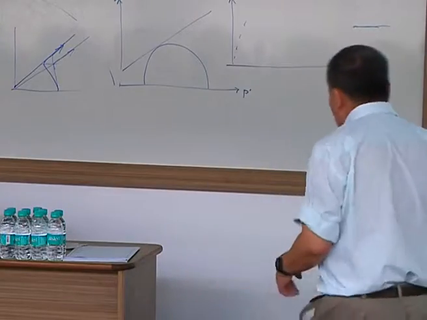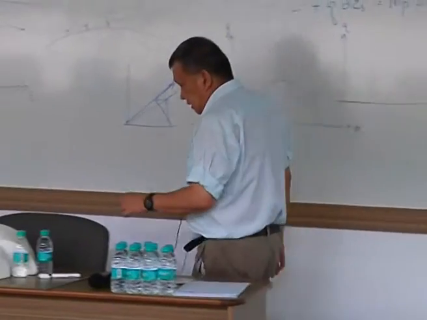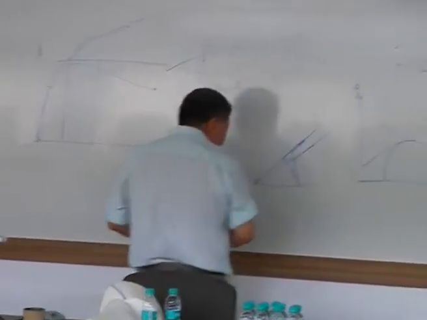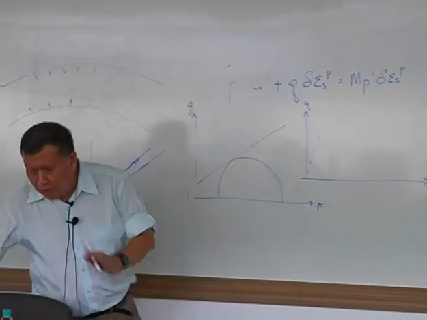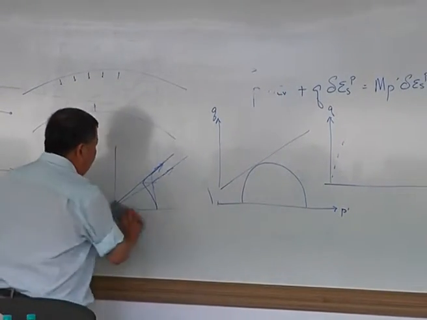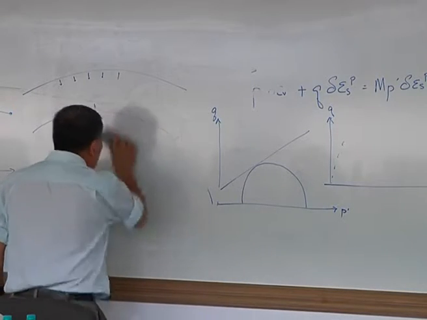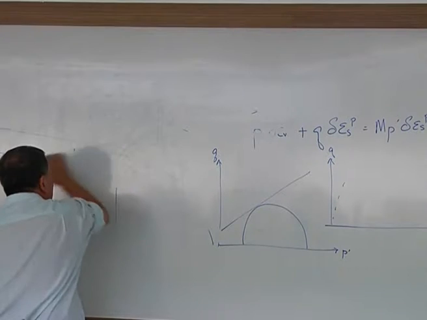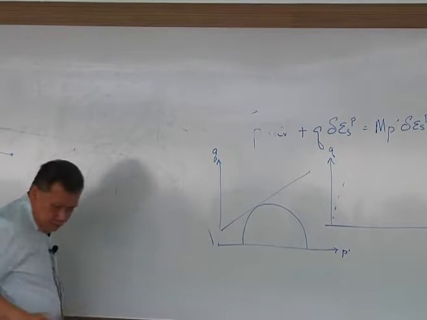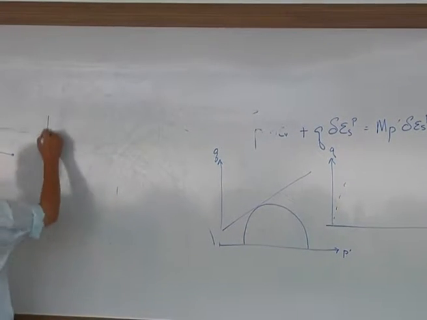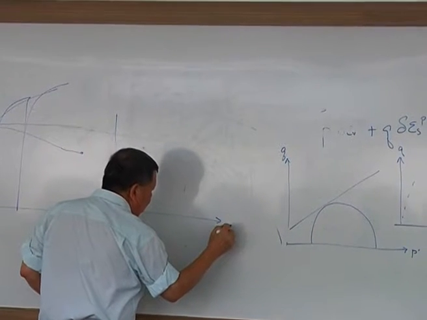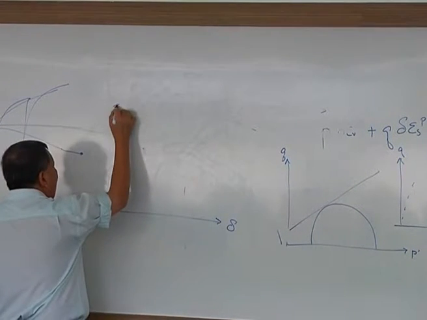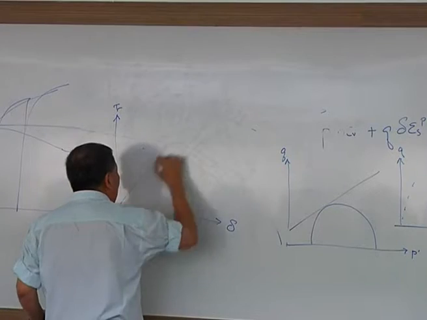Very simple. If you have a system that has a very low stiffness, then it will not release the load so readily. Let's say you got two systems. This is the force deflection curve. One system is like that.